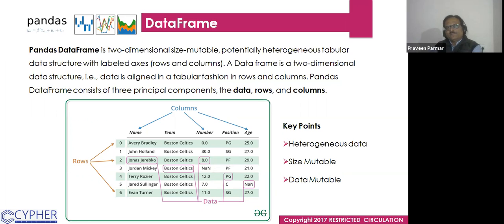So it is a heterogeneous data set: the first is a string, second is a string, third is a number, fourth is also a string, and fifth is also a number. The data is mutable. We could remove the rows and we could remove the column also. Does that make sense to everyone?